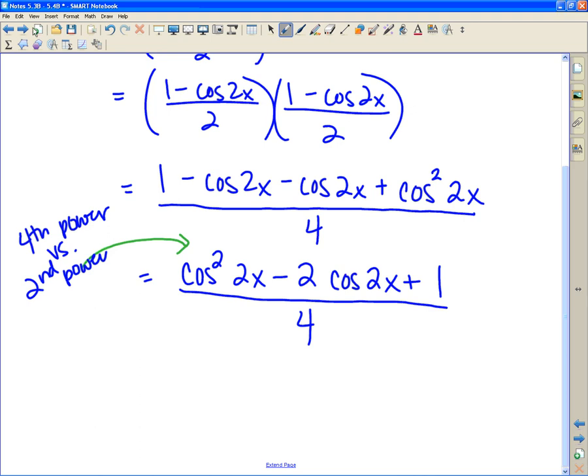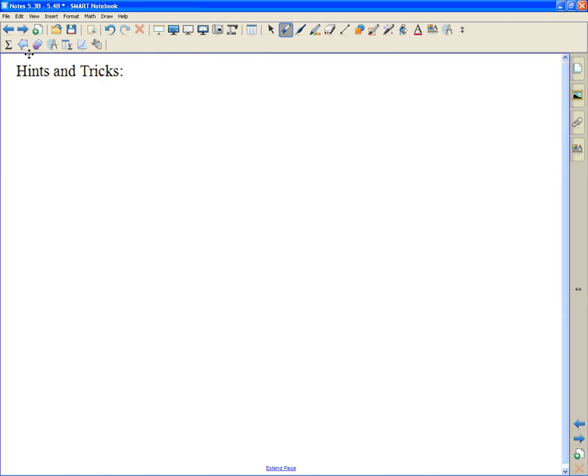Okay, before we end our video tonight, the hints and tricks on this page. Couple of different things. Let's say you were given 16 sine of x cosine of x. Well, we haven't talked about a 16 in a long time.